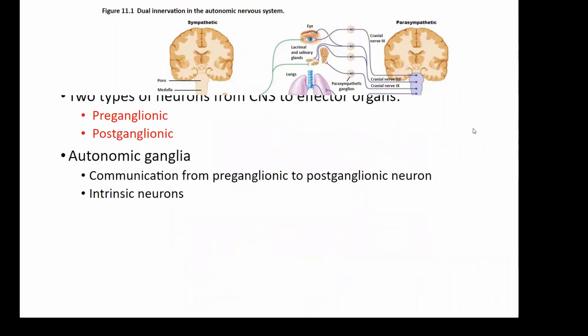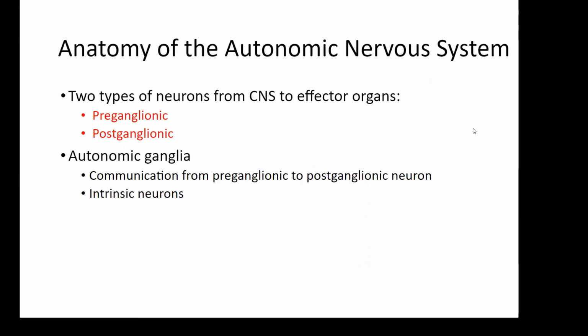Okay, so we're going to get into some text here now. The two types of neurons we're thinking about as going from the central nervous system to any effector organ are preganglionic and postganglionic neurons.